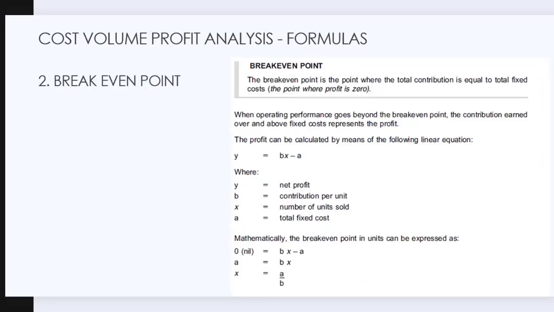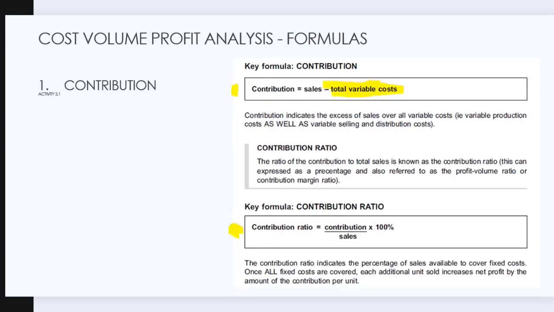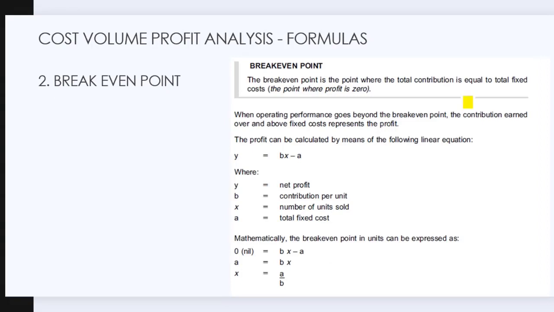And that's contribution. Another formula that you need to be alert of is your break-even point. Break-even point is where your total contribution, what we just mentioned, your sales minus your variable cost, is equal to your fixed cost, meaning there's no profit. When they say we're breaking even, it means there's no profit that we experience, neither is there a loss.